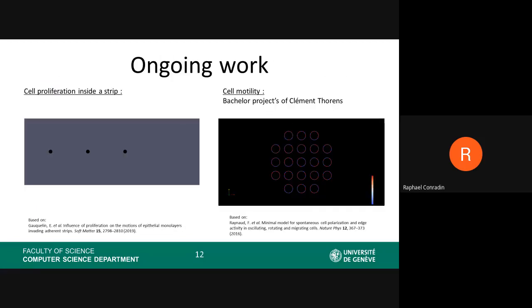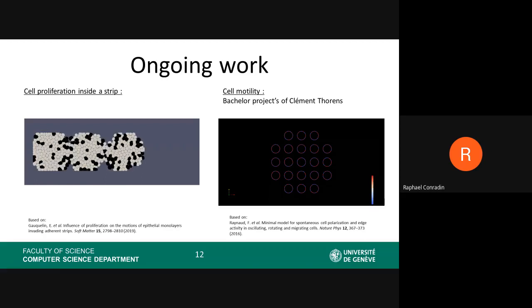I will just present you two ongoing works. So we also try to simulate cell proliferation inside a strip in order to see how the confined cells start to invade a strip.